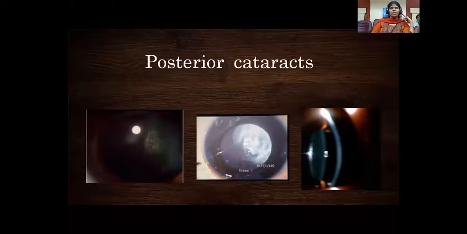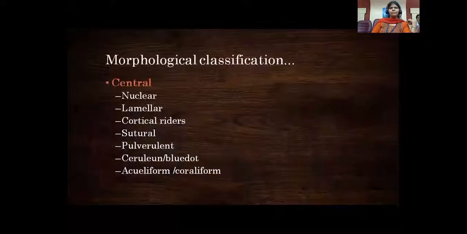Posterior cataracts can be a posterior subcapsular opacity, as we see in the first one, a membranous cataract where the posterior capsule can be opacified for various reasons, and posterior lenticonus, as we see in the final picture. These are more vision threatening because they are in the center and closer to the nodal point of the lens.